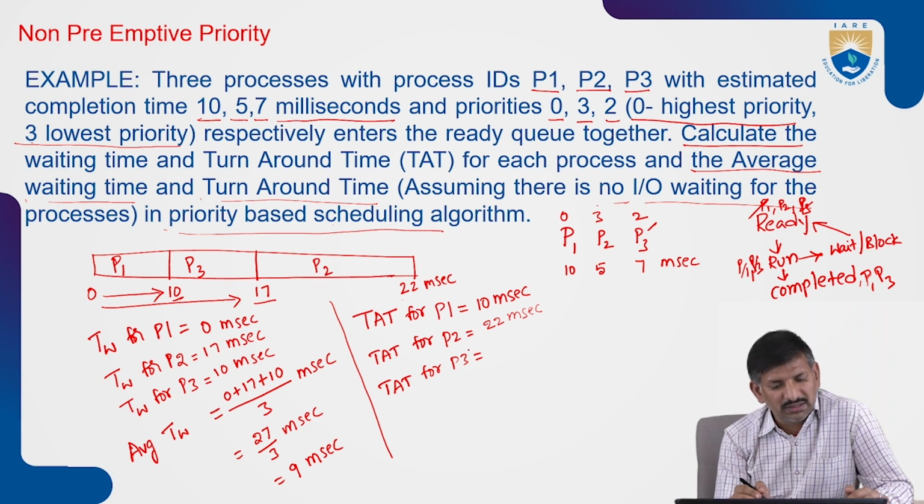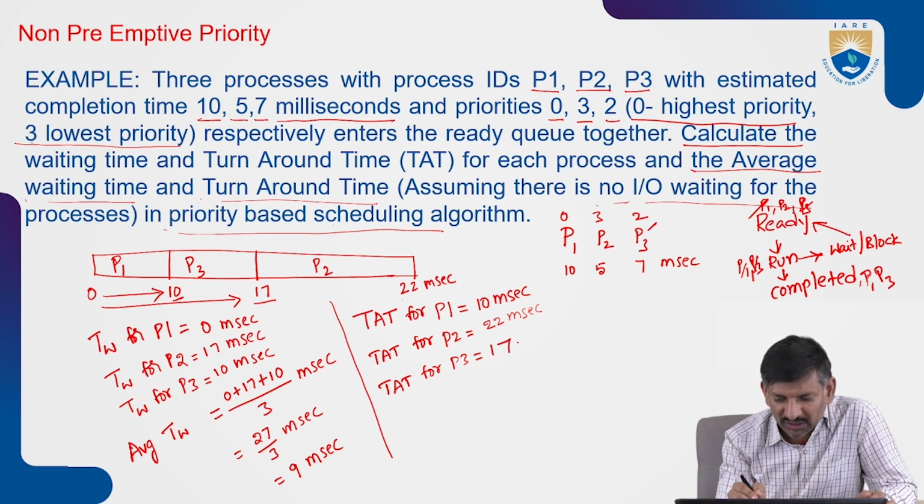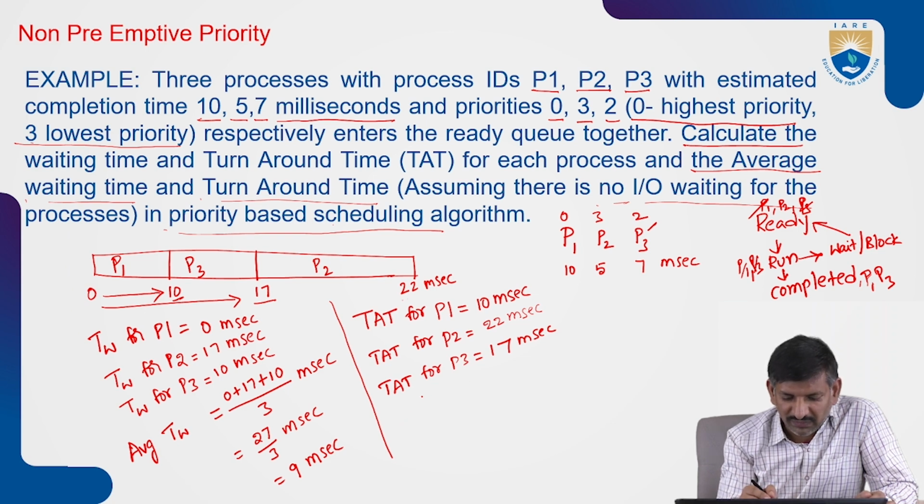So, process P3 entered the ready state at the time of 0 and its execution is completed at the 17th millisecond. So turnaround time is 17 milliseconds. So the average turnaround time for this requirement is the sum of all these times divided by the number of processes.